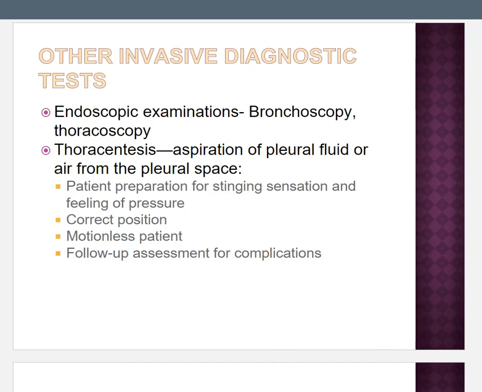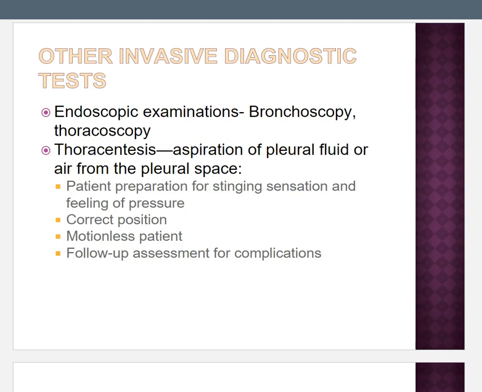This last one that I'm going to talk about is the thoracentesis. Remember where we're at when this procedure is done. We're aspirating contents out of the pleural space, usually aspiration of pleural fluid or even air from the pleural space. We do it for that reason, to remove fluids. We may do an analysis of the tissue.